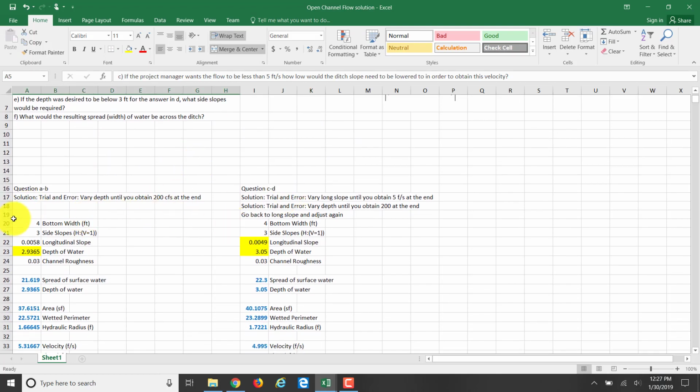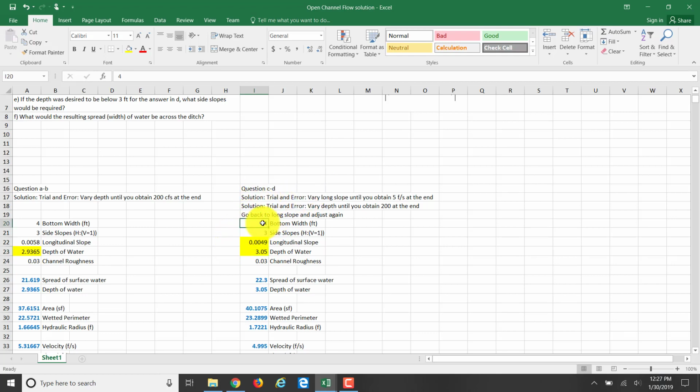So I took this and I copied it all back over, so I could just do a copy and paste over here, because this is all just doing the same thing. But now I'm changing 2 items over here. I have these highlighted in yellow because these are the ones I'm going to vary.